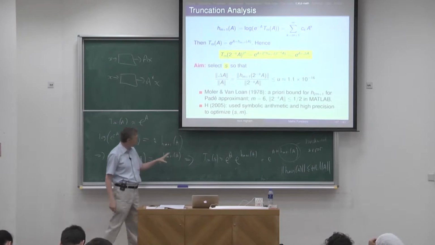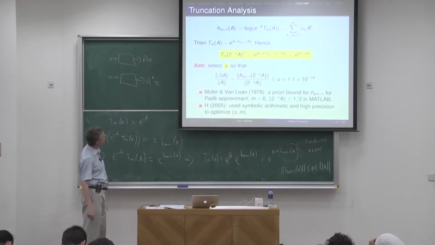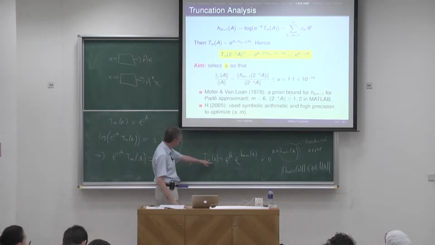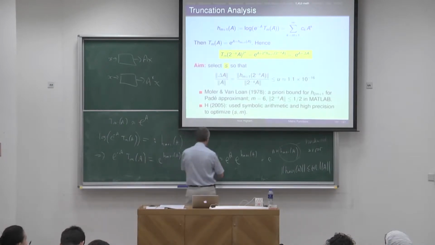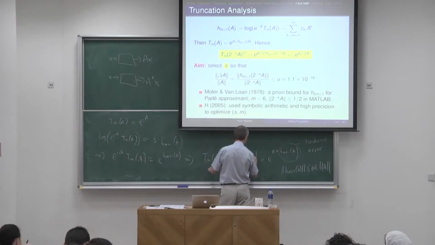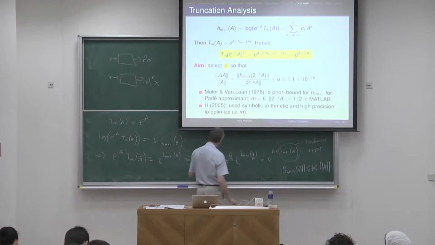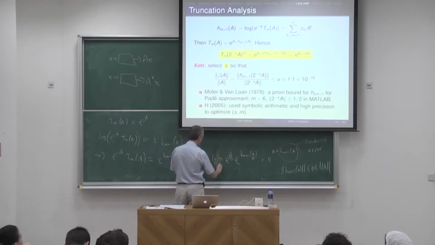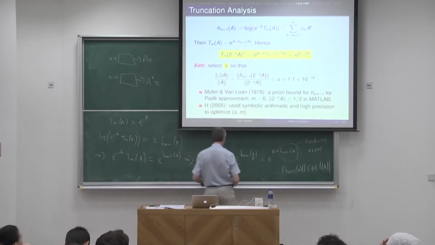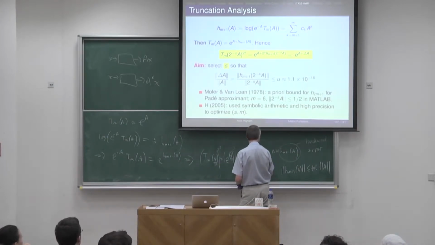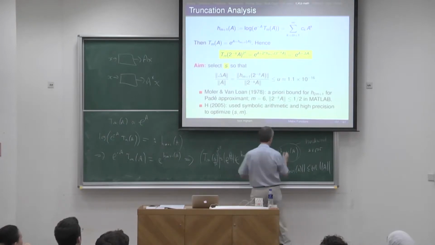Now, at this point, I've ignored the fact that we are scaling A, but it's very easy to put the scaling back in here. If I just take this equality and divide A by 2 to the s, and then raise both sides to the power 2 to the s.